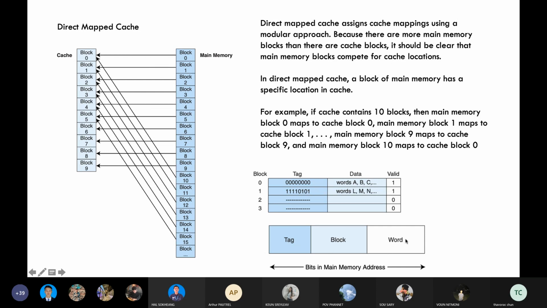So here is the address that the CPU gets from the instruction, and it may request the memory with this memory address. And then if the cache is direct map, you need to convert that memory address into these sections. You will see in the exercise after that what these 3 sections mean.